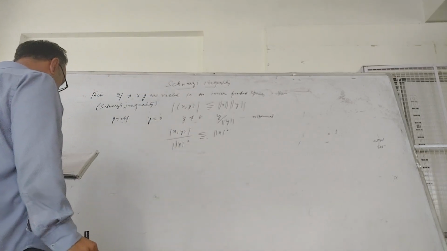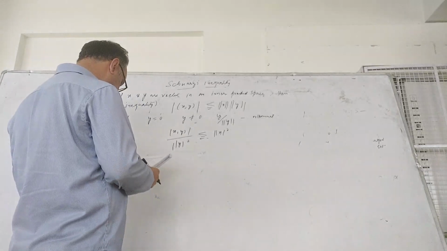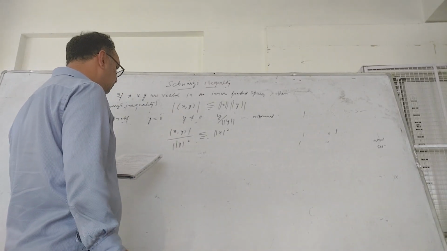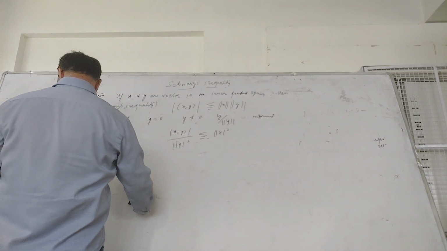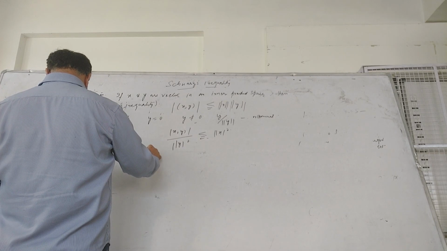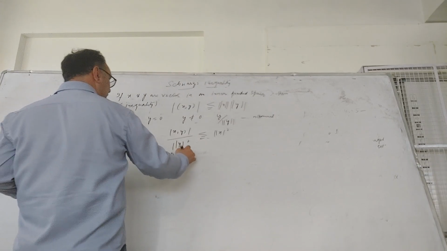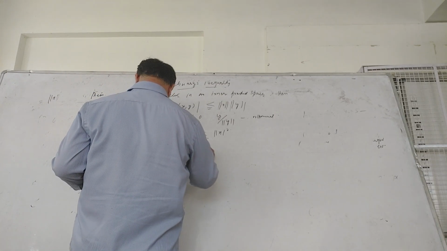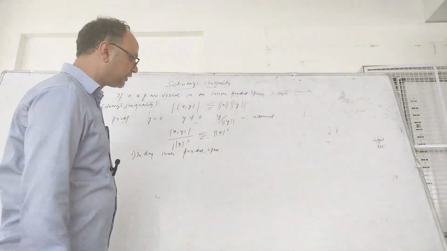So now the arithmetic, geometric and analytical consequences, even though they are at different points. But the thing is that in any inner product space, how do we define a distance?